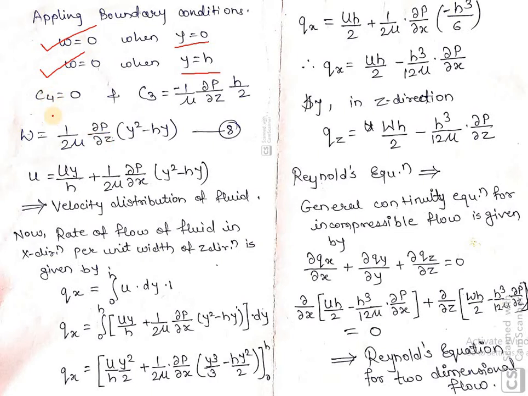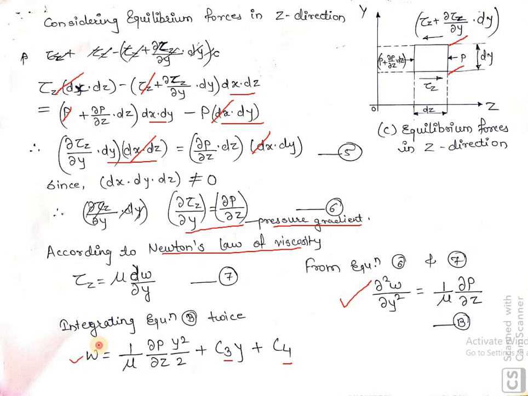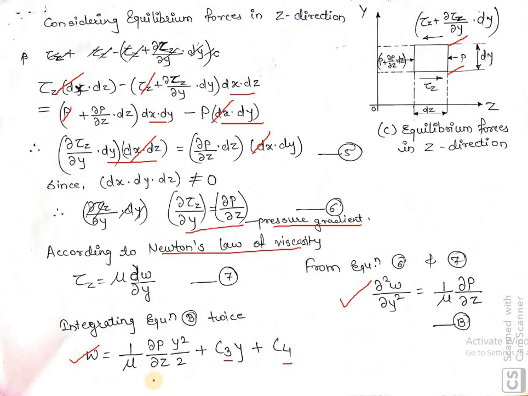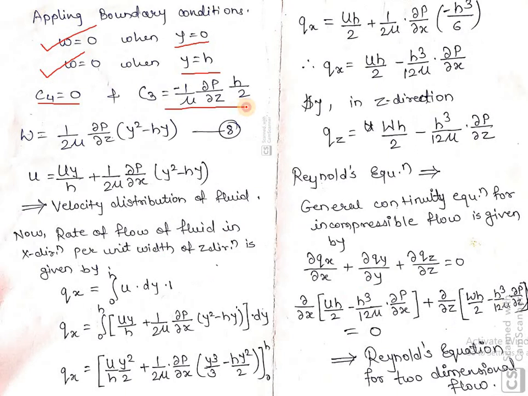Now substituting this first boundary condition in this equation, you will get C4 equals 0. Again substituting the other boundary condition in the same, you will get C3 equal to this expression. My suggestion is take your pen and paper and solve it, so you can easily understand what I am telling. Okay, so now substitute the C3 and C4 values in the previous equation of w, you will get this equation.